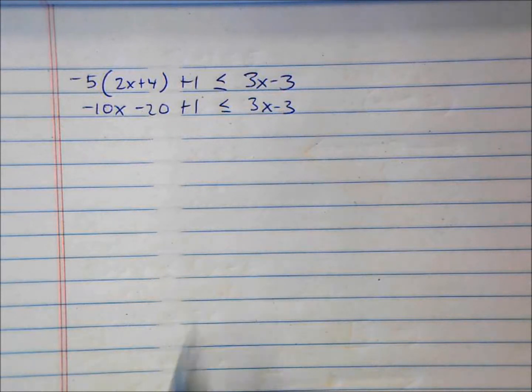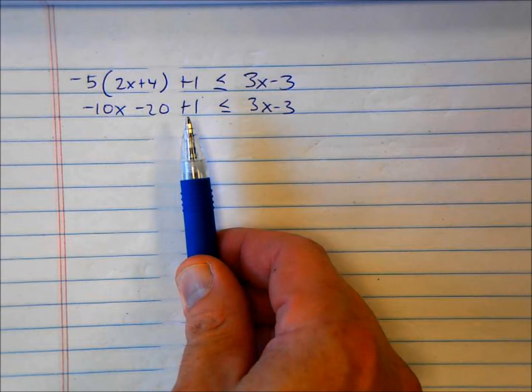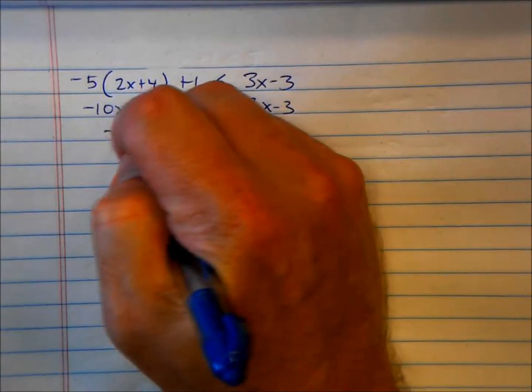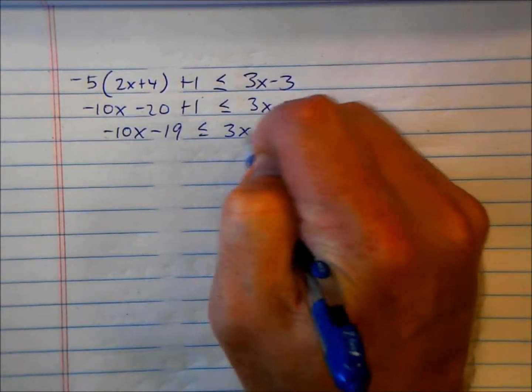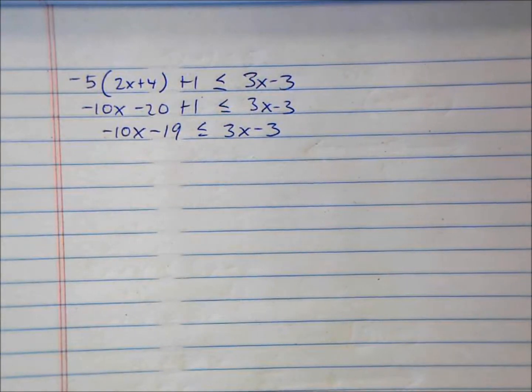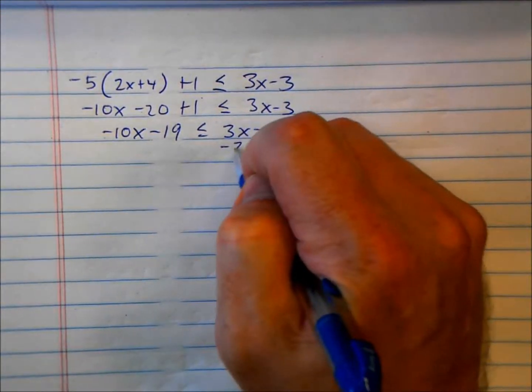Combine your like terms. On the left-hand side, you've got a minus 20 and a plus 1. Minus 20 and plus 1 makes negative 19. So minus 10x minus 19 less than or equal to 3x minus 3. At this point, you need to make a decision. Are you going to put the x's on the left or on the right? My preference is to always put them on the left, which means I need to subtract 3x.